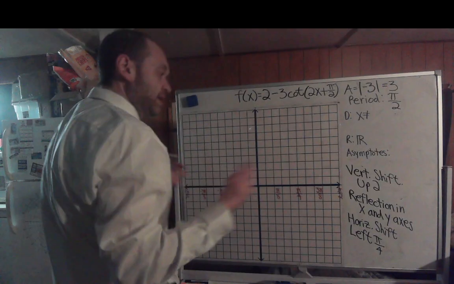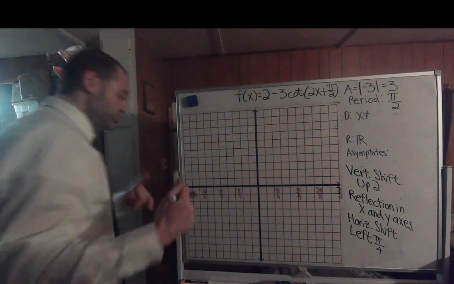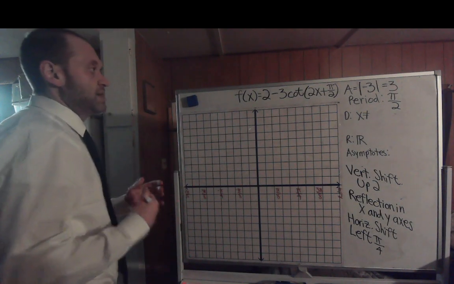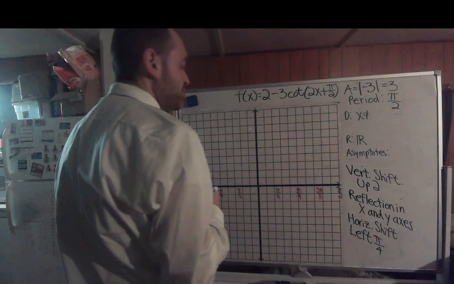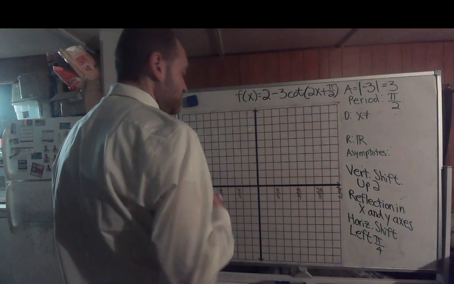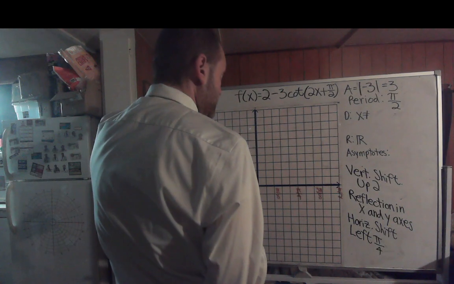So yes, normally integer multiples of pi are not going to be defined. But you have to divide by that 2 for your period. So any multiples of pi over 2 in theory would not be defined.